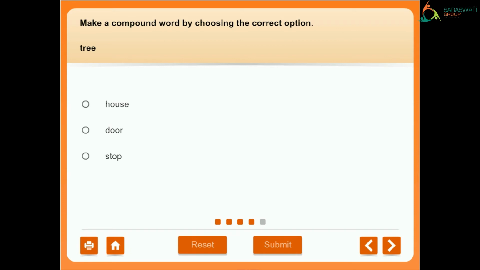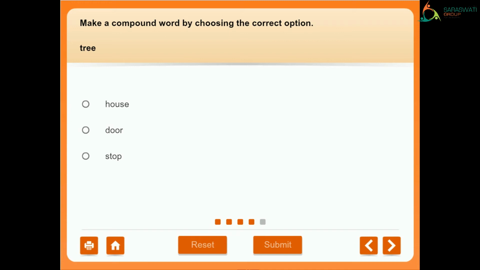Now this time we have got the word tree. Now let us see which word will match up with tree and make a new word. The three words which are given are house, door, stop. Tree, stop. No, doesn't match.